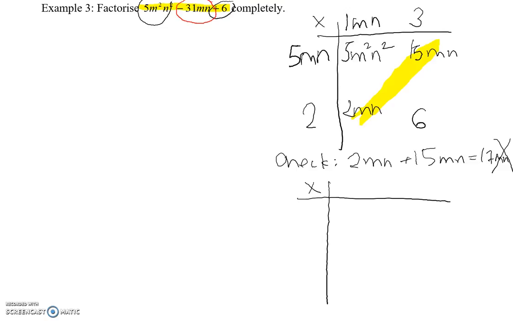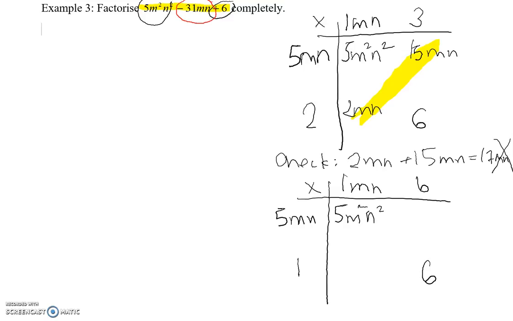Alright, so using the same method, we factorize 5m squared n squared, 5mn times 1mn. Now, we try to factorize positive 6. So instead of trying 2 times 3 to give us 6, I will try 1 times 6 to give us 6.